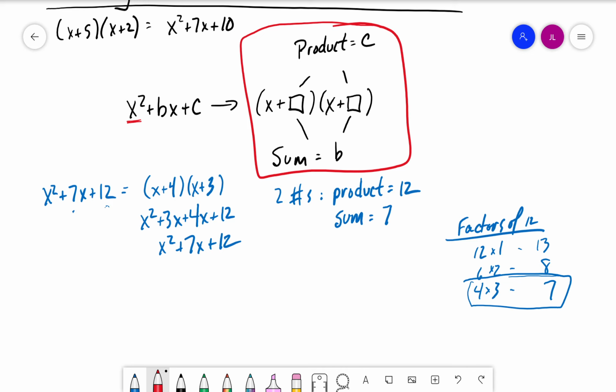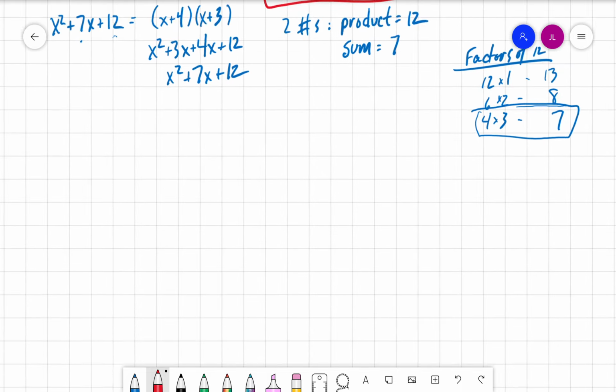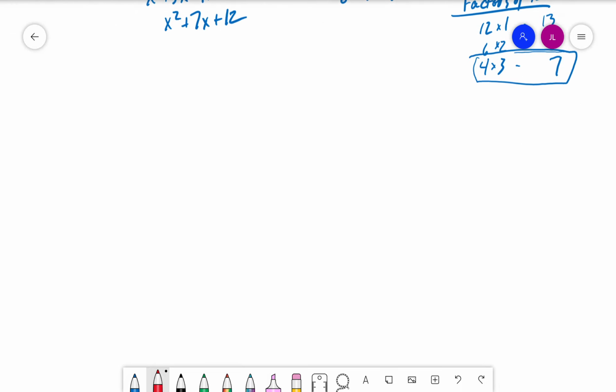Okay, let's look at another example. Let's say we have a squared plus 2a plus 10. Again, we know we're going to have an a here and an a here because we have a coefficient of 1 on our leading term. We're looking for numbers that multiply together to make 10 and add together to make 2.